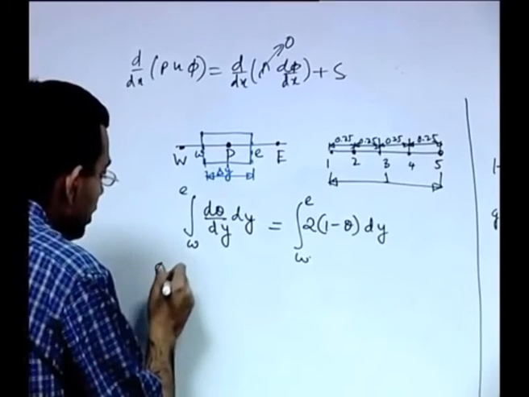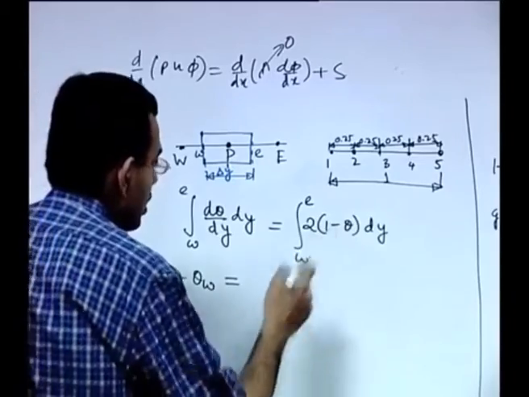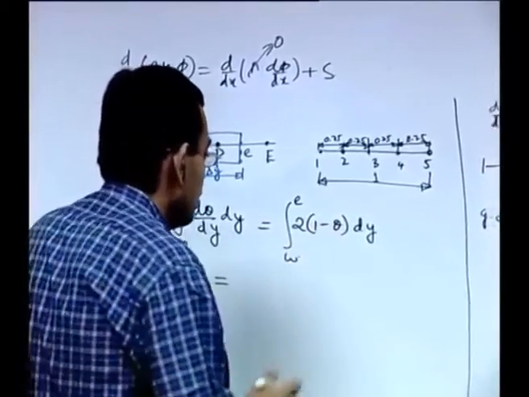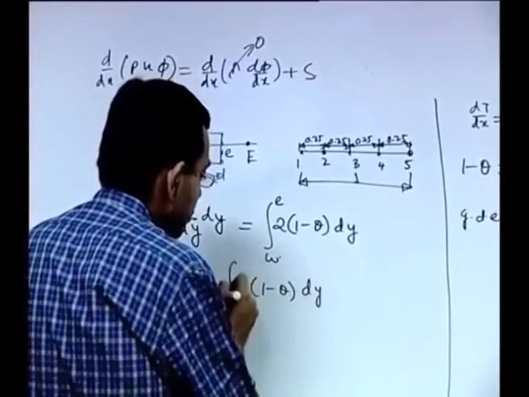So theta small e minus theta small w equal to this integral. Now when we evaluate this integral, first let us write this and then we will evaluate the integral in the next step.